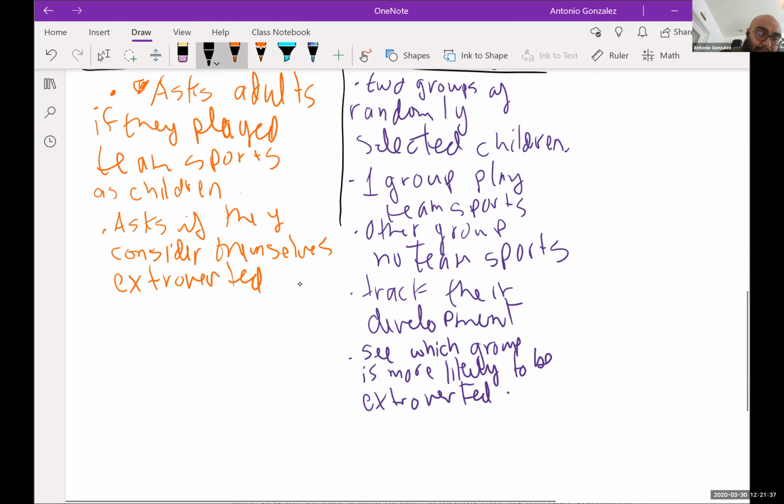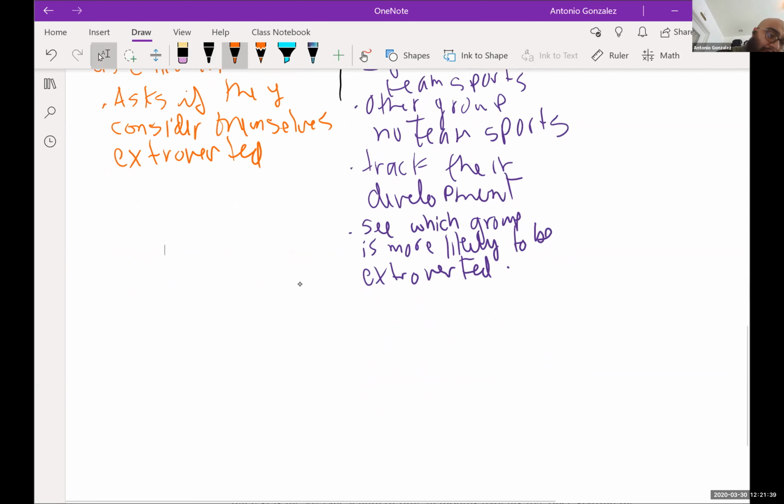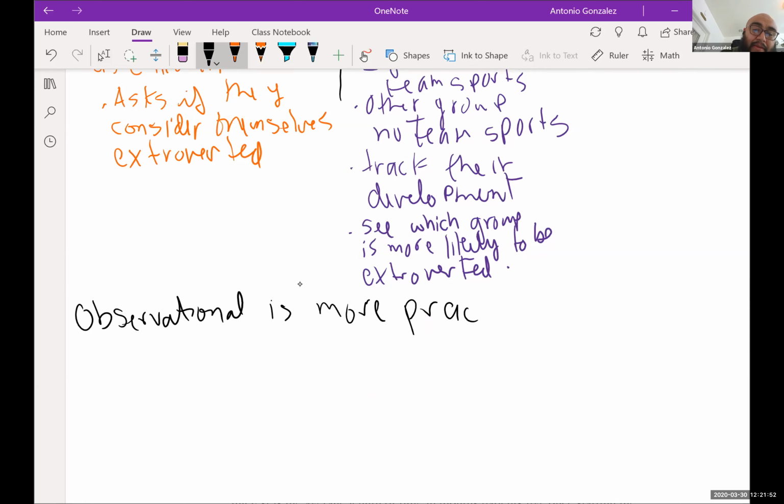So I would kind of make the conclusion that the observational is more practical. Yeah, maybe 2 weeks, right? Definitely not years. Right, in terms of less time and resources.